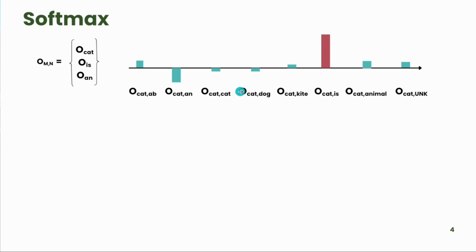Right, so if you were to plot these vector components, you will realize that they don't need to be positive. They can also be negative, as is shown here. So "cat an" is negative, which indicates that "an" is not a very likely word to come after cat. And the same with "cat cat", which is negative, denoting that cat is very unlikely to come after the word cat. But "cat is" is a likely sequence, and that's why you have a high value for this particular entry.